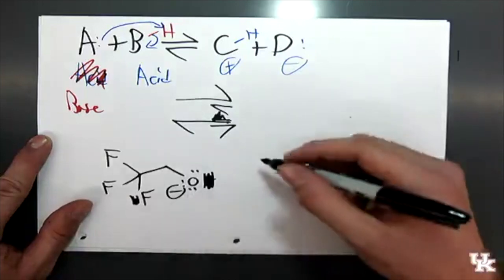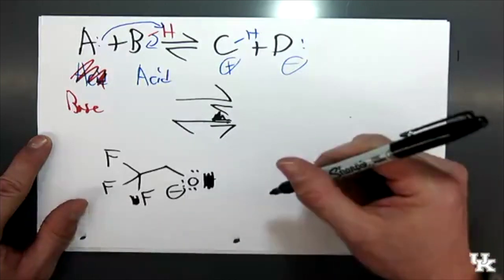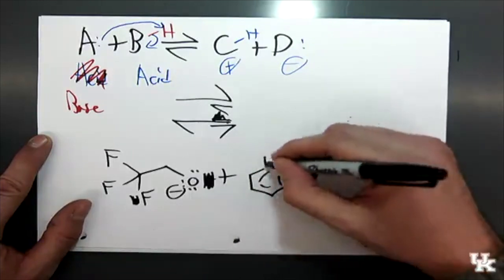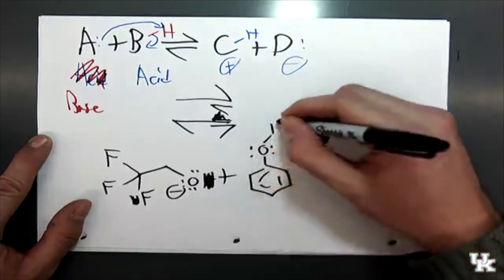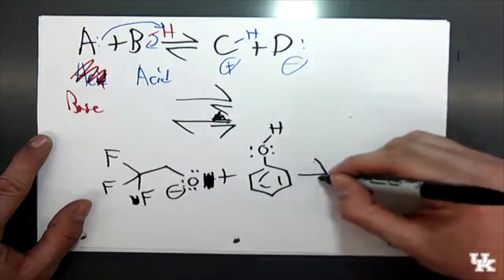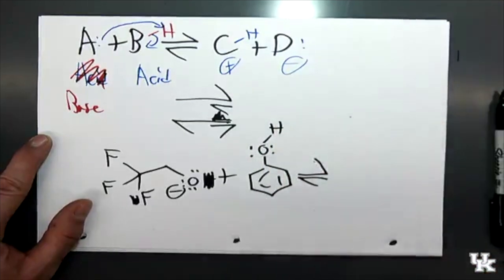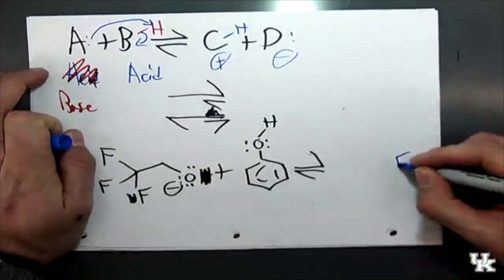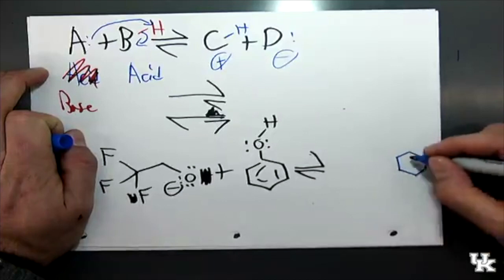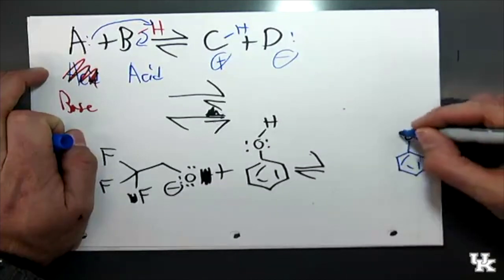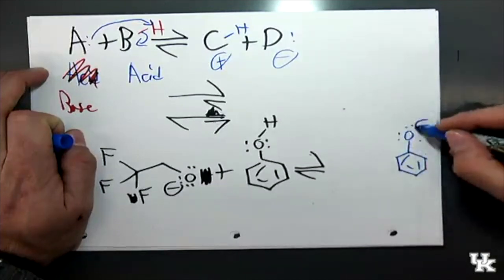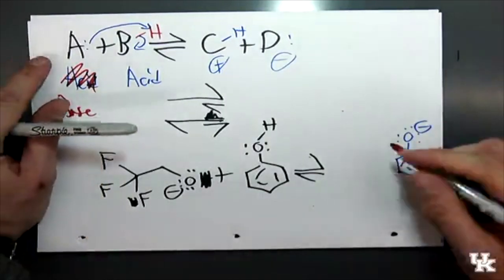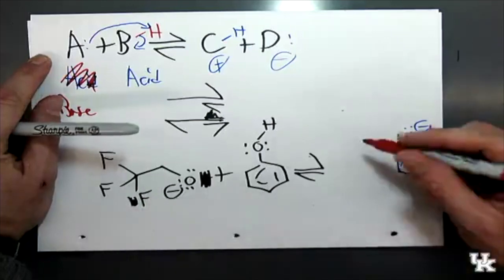We have an alkoxide plus phenol, and that's in equilibrium with the conjugate base of phenol and the conjugate acid of this trifluoroethanol.